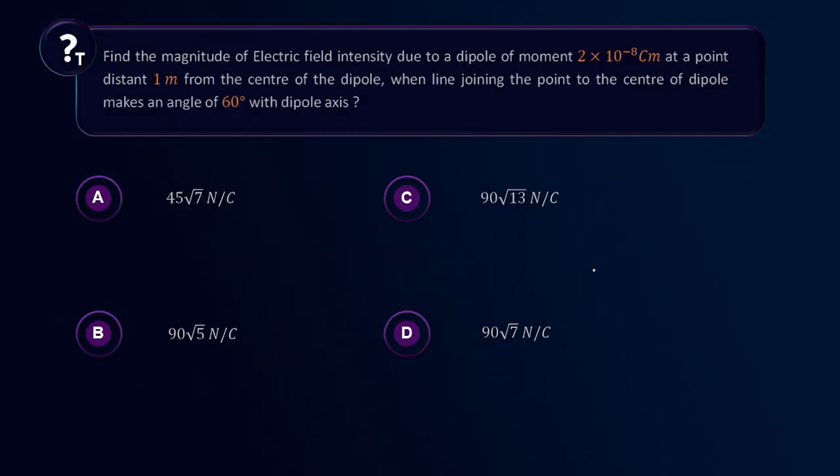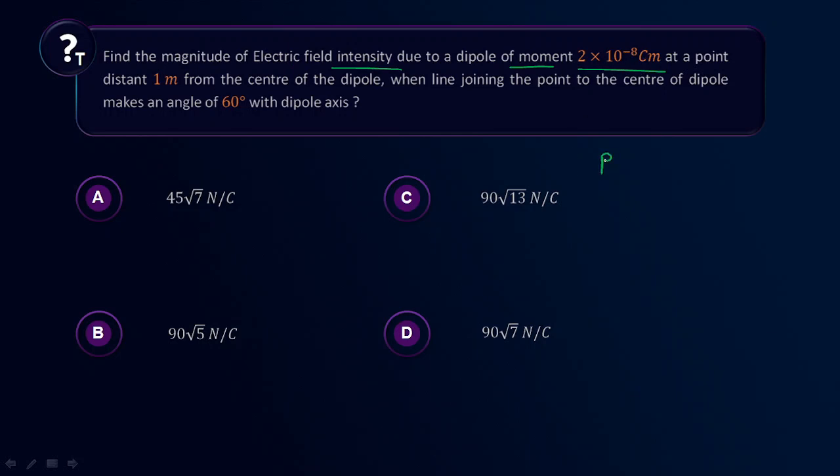So let us solve one question. All of you pause the screen and try to solve this question, and then we will proceed. Here the question says: find the magnitude of electric field intensity due to a dipole of moment 2 into 10 to the power minus 8.